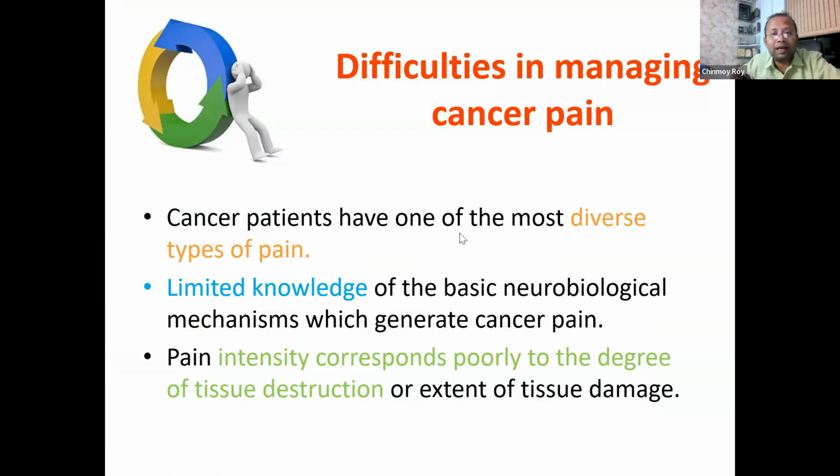Cancer pain has the most diverse types of pain. As I told you, it can be an acute, severe presentation, it can be chronic dull pain, it can be breakthrough pain, which means it suddenly comes and goes, but it can be a continuous type of pain also. It can be nociceptive pain, neuropathic pain, or mixed pain. Most of the time we find cancer pain is a mixed pain. How do we understand mixed pain?